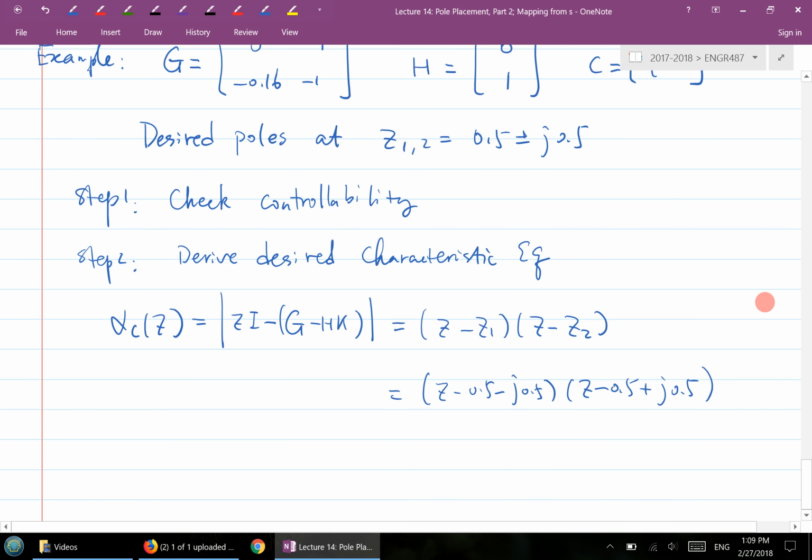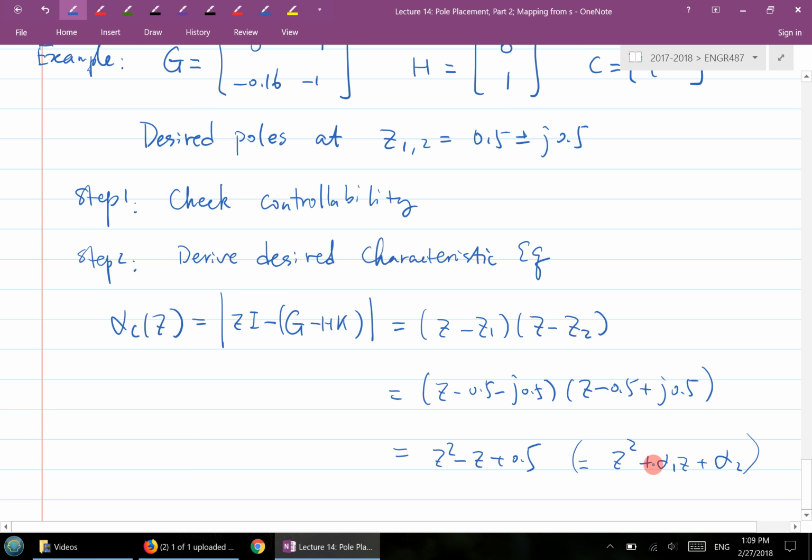Plug them in here, expand the two factors, and we have our desired polynomial: Z squared minus Z plus 0.5, which is in the format Z squared plus alpha 1 Z plus alpha 2, with those kinds of coefficients.